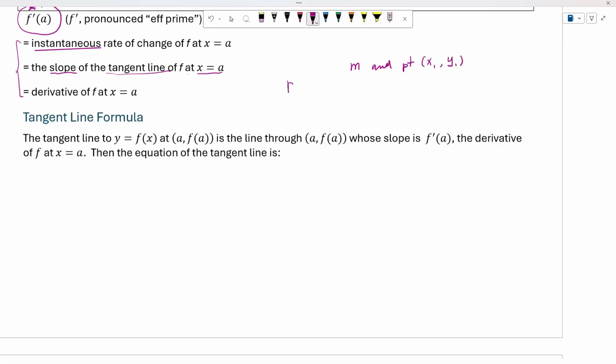Then we could use the point-slope form, which is y minus y1 equal to m times x minus x1. And remember, (x1, y1) is a point, and m is the slope of the line.